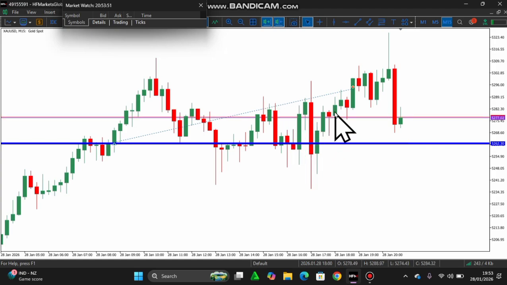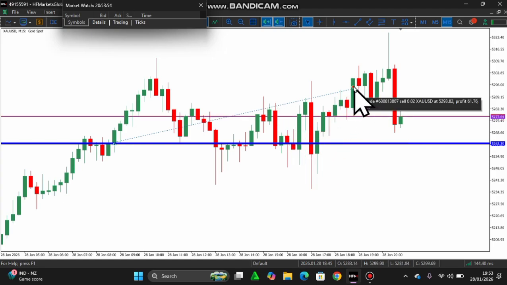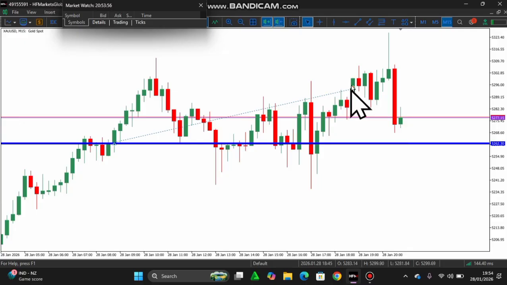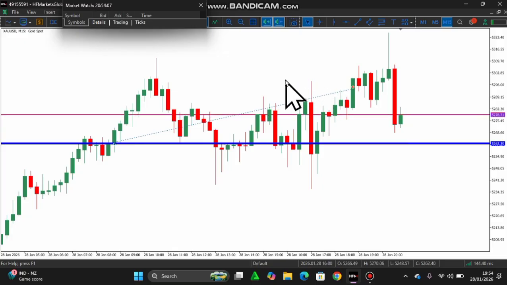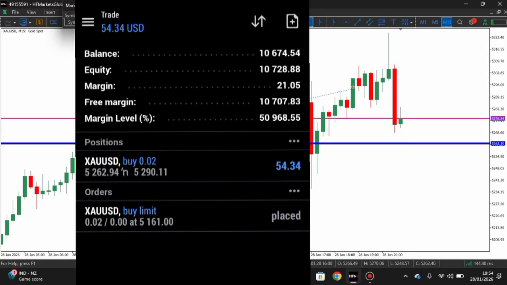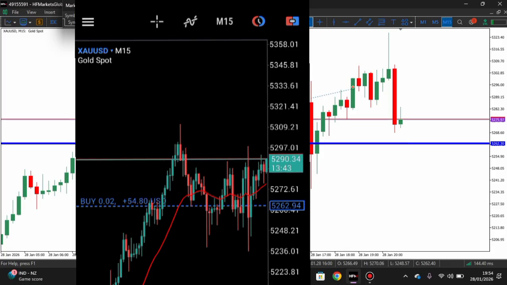So it didn't come until around this candle. Yeah, this candle, immediately it started going up, pumping to catch up with this zone right here. I just came in and I shut out my trade, and I recorded that. You'll see that in a moment when I was closing the trade.